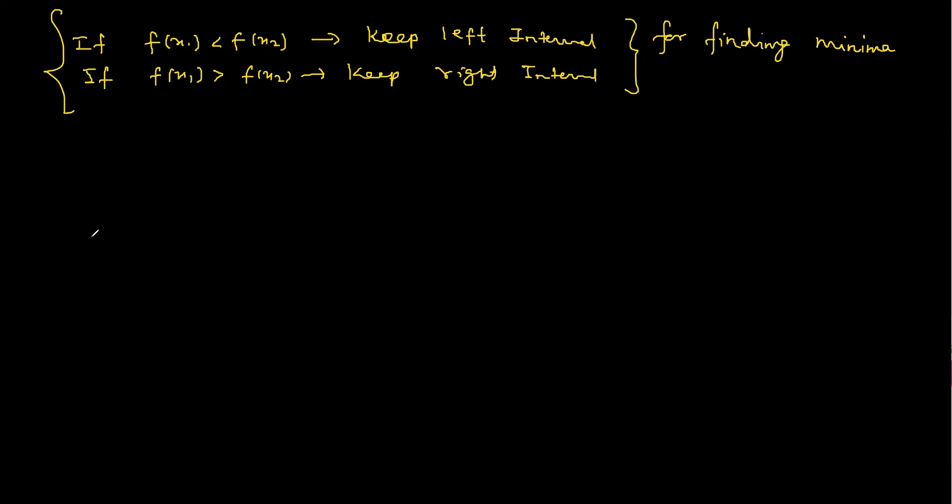Understood? Now we will do one question from your notes. In the third iteration, actually epsilon was not given. So we will do the question in which epsilon is given. This is x1 and this is x2. x1 and x2 are interior points.